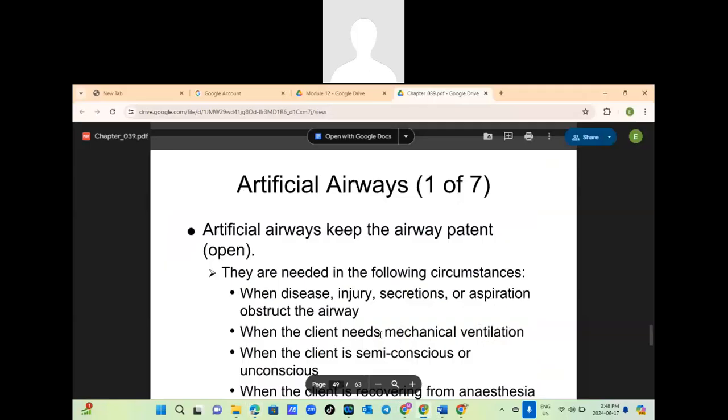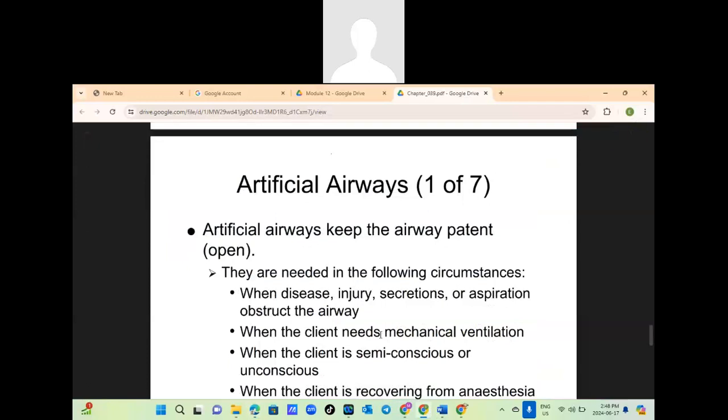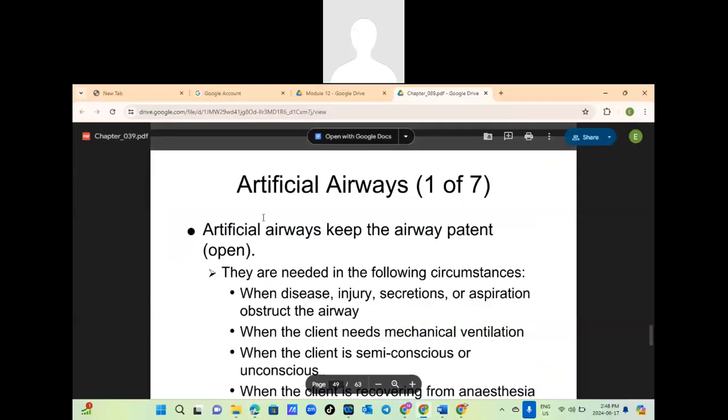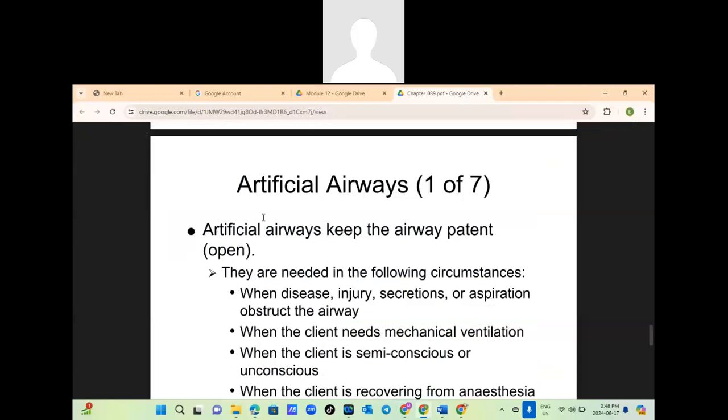Okay, so let's move on to our slide. Artificial airways keep the airway patent or open. So sometimes, for some reason, we cannot breathe on our own. We need artificial airways. So these airways are kept patent by these artificial airways.